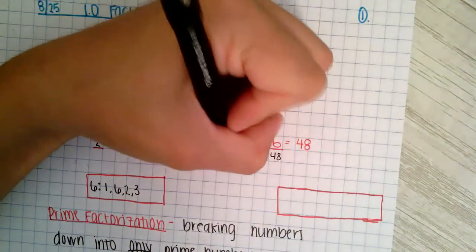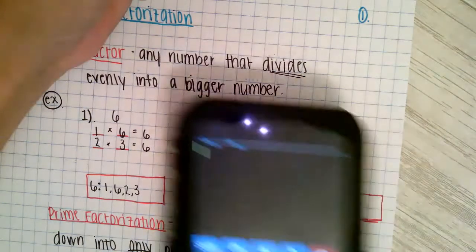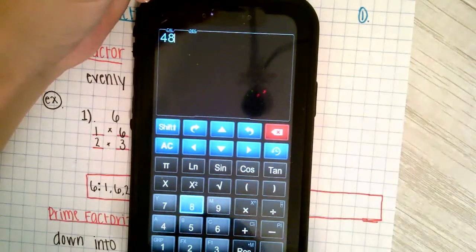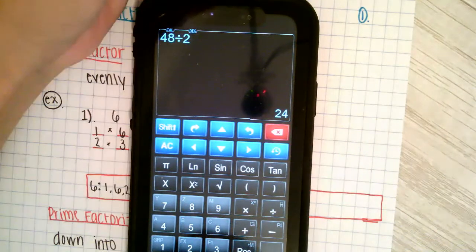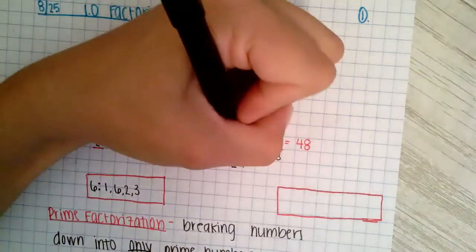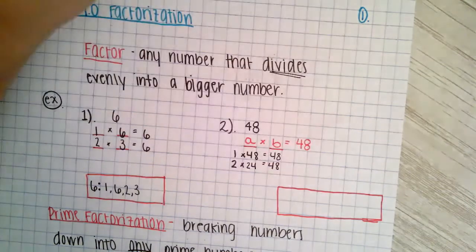I think 2 is going to work, yeah. But if I'm not sure and I really want to check my work, all I have to do would be open up my calculator. 48 divided by 2 is 24. That is a whole number, so it's going to work.